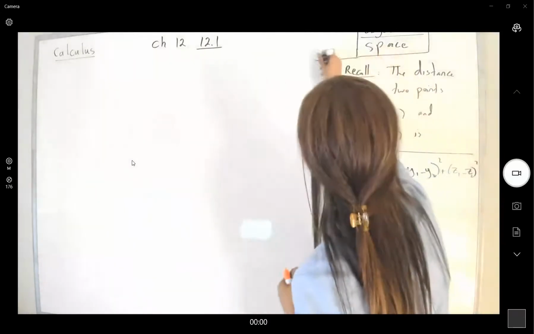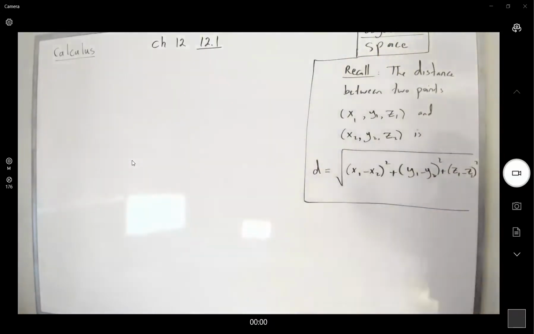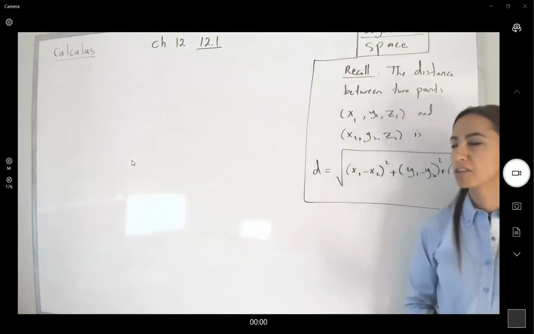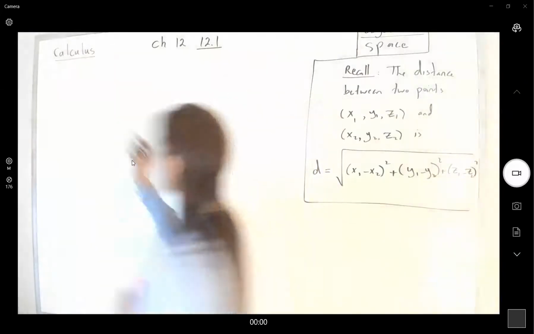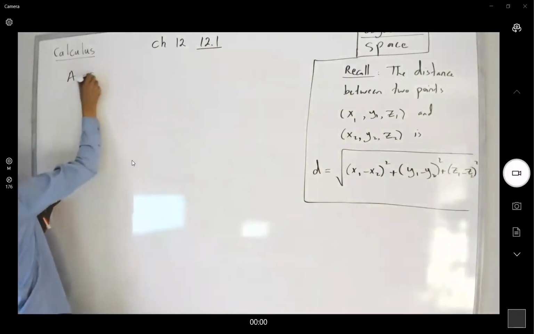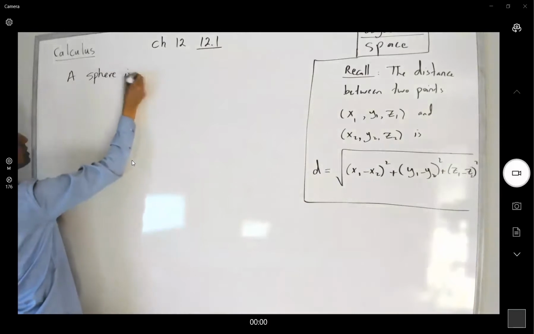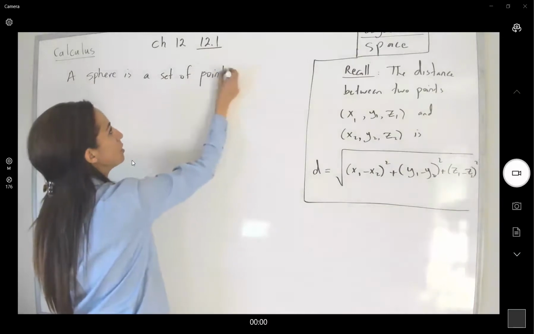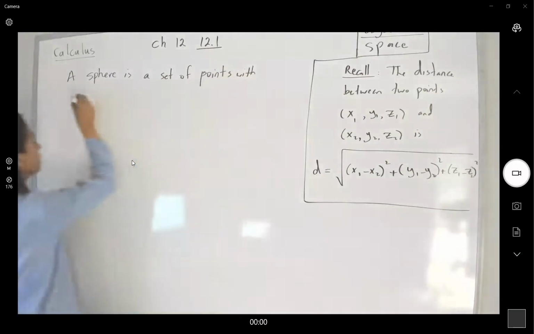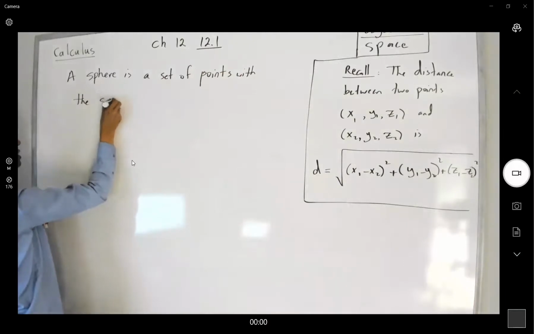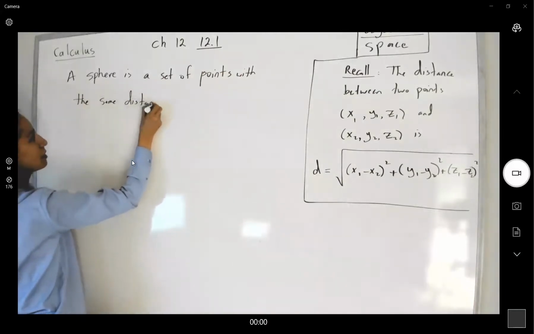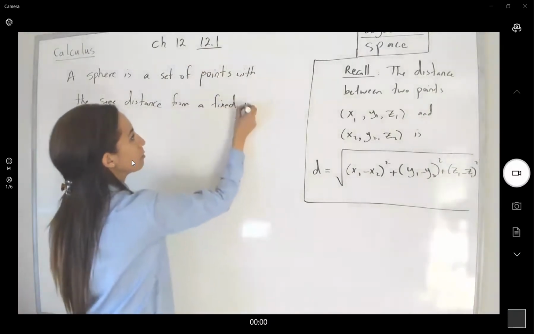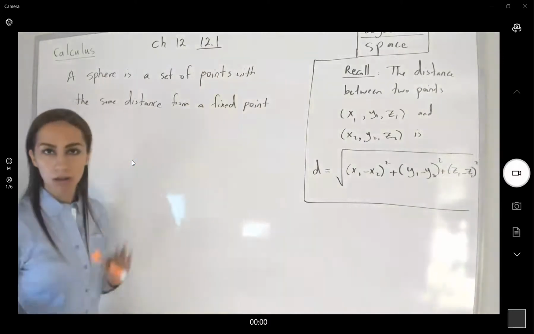Since we have the definition of distance, and we know how to define a sphere, I'm going to write down the formula for a sphere. A sphere is a set of points with the same distance from a fixed point that we call the center.